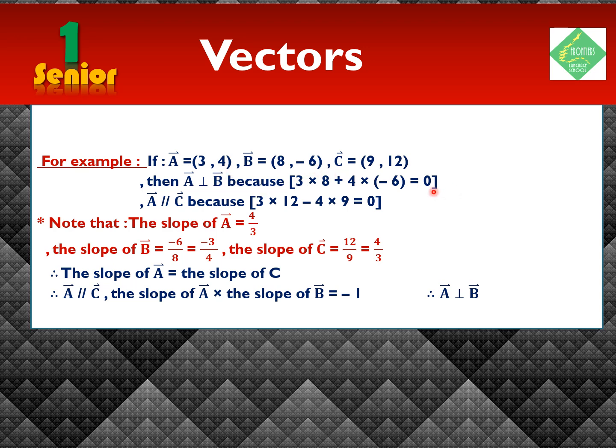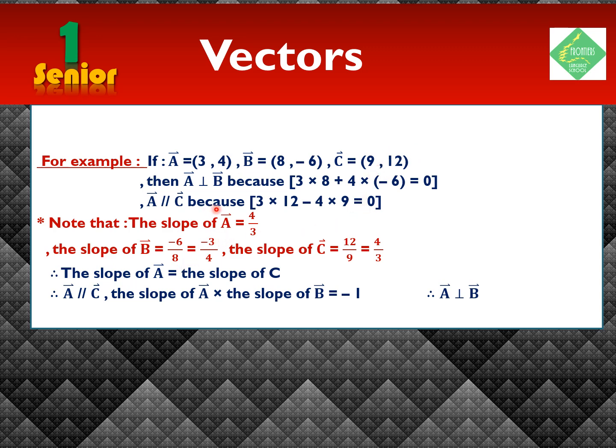You will get a sum equal to 0. And you want to check whether A is parallel to C. What will we do? We multiply x1 by y2 minus x2 by y1 equals 0.